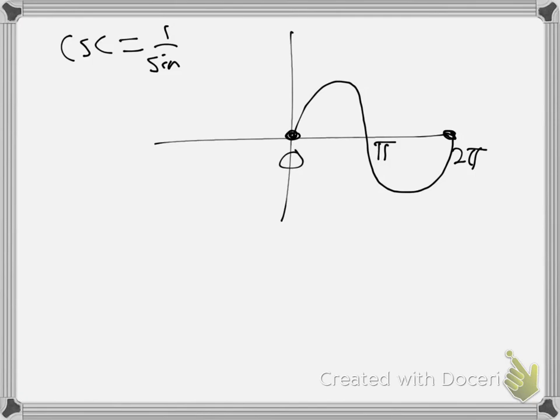The upside down of that, which is what cosecant is, every time sine equals 0, cosecant is 1 over 0, not allowed, undefined, vertical asymptote. Remember that? So everywhere sine hits 0, cosecant is going to have a vertical asymptote.